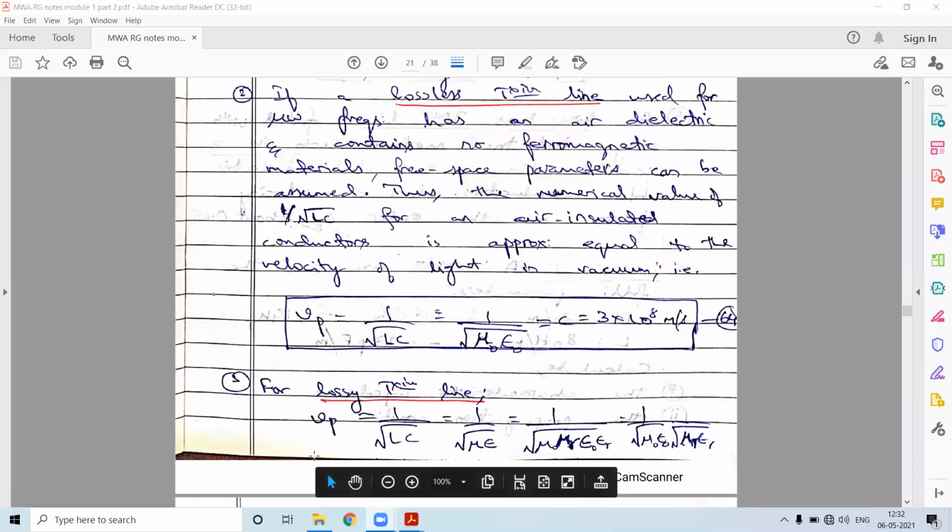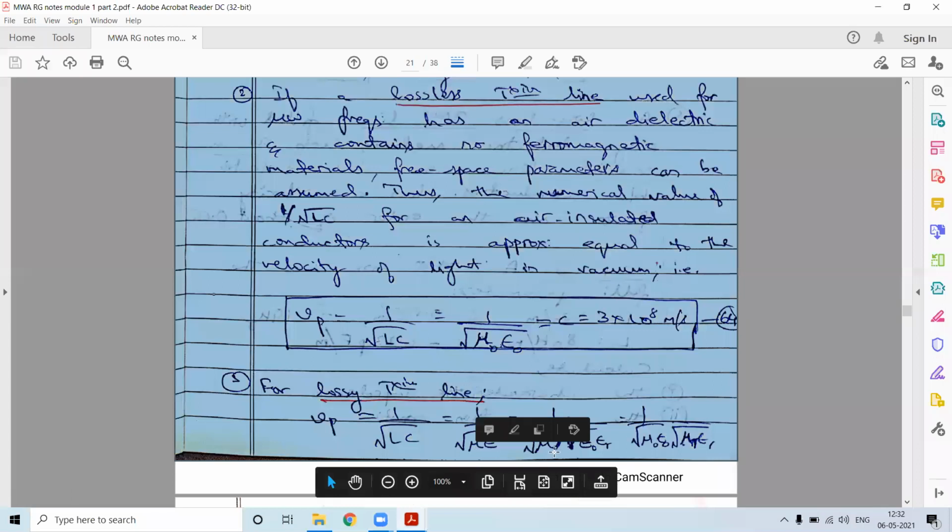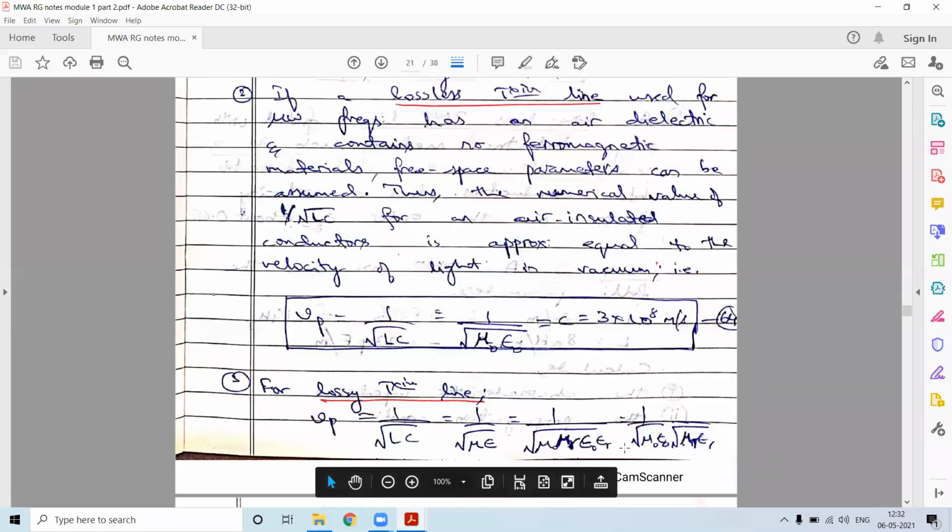So in this case, when it is a lossy line, Vp is equal to 1 by square root of LC. This equation will be equivalent to 1 by square root of mu into epsilon, where mu is equal to mu naught into mu r, and epsilon is equal to epsilon naught into epsilon r. When I separate 1 by square root of mu naught into epsilon naught, it is nothing but the c value, and when I separate 1 by square root of mu r into epsilon r, I have the other term.